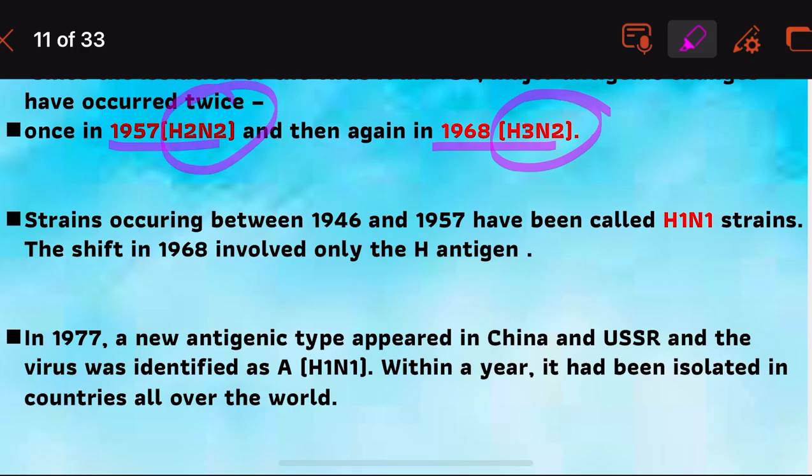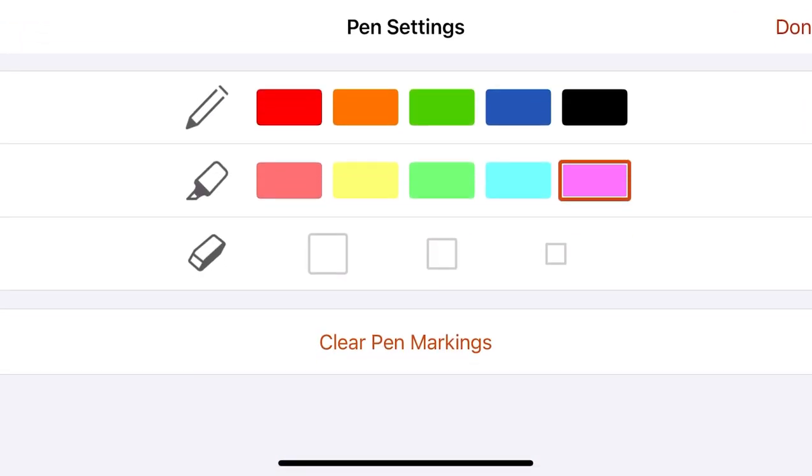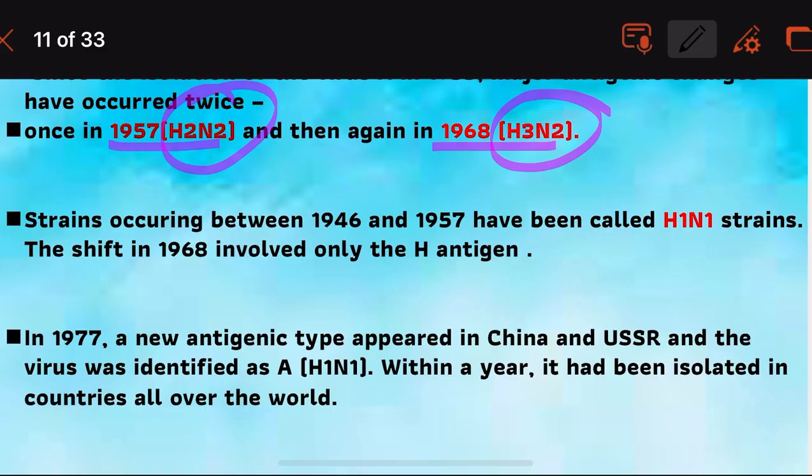Strains occurring between 1946 and 57 have been called H1N1 strains. The shift in 1968 involved only the H antigen. Clear, guys? Let us have a better clarity now. Let us start with H1N1.